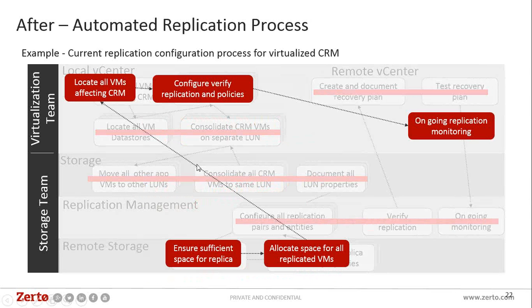With Zerto, we take many of those steps away. The storage team and the virtualization team still need to work together, but the storage team just says, you need this much space, here it is. The VMware team then takes the VMs, puts them in virtual protection groups as they would like, and configures the BCDR policies, boot order, re-IPing, and IP addresses for disaster recovery tests.